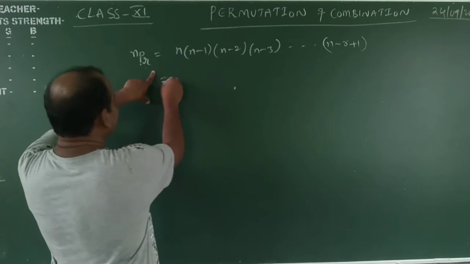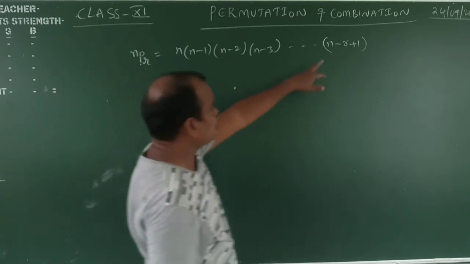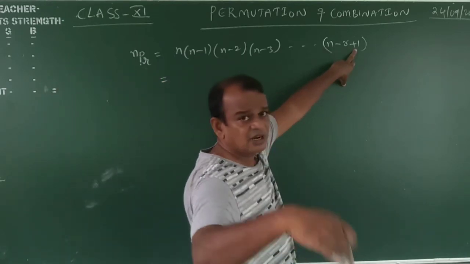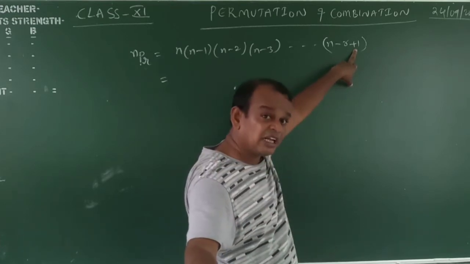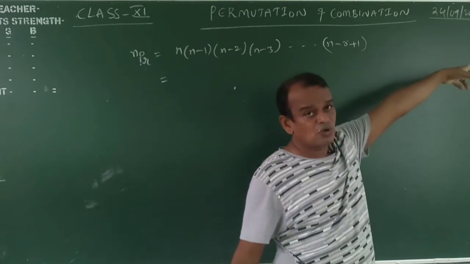Now what I am doing: in the numerator, what is the next term after n minus r plus 1? Next term n minus r, next term n minus r minus 1, and so on up to 1.